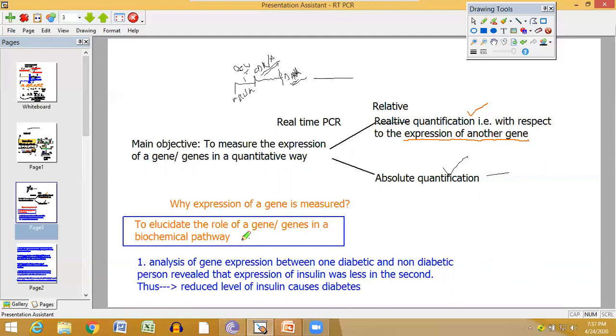Those things act as receptors. Now, how can you know that for a particular disease which gene or which protein will be responsible? How can you know?